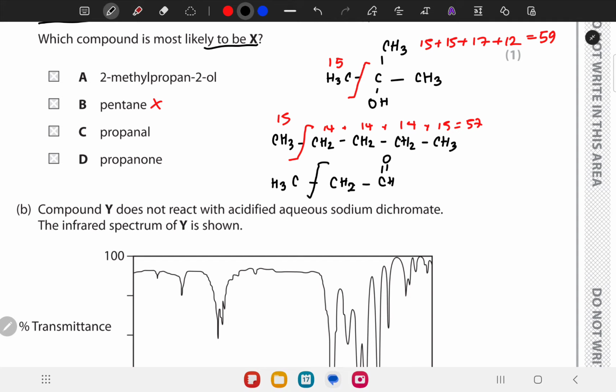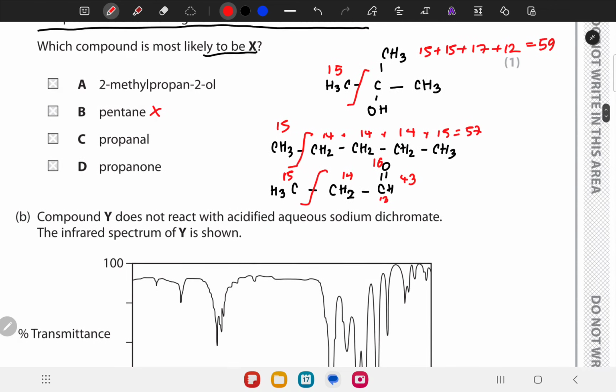If we break the bond over here, we'll have 15 on this side, and on the right we'll have 14 plus 13 plus 16, which is 43. This is 14, 13, 16. Propanal is not our answer as well.